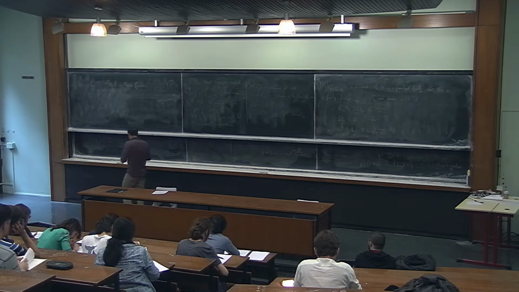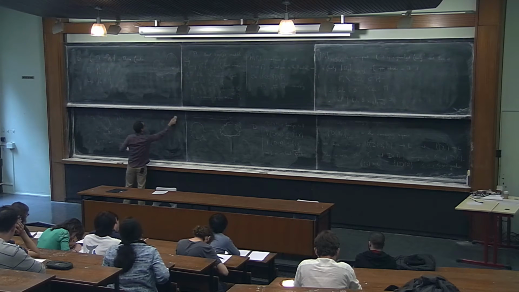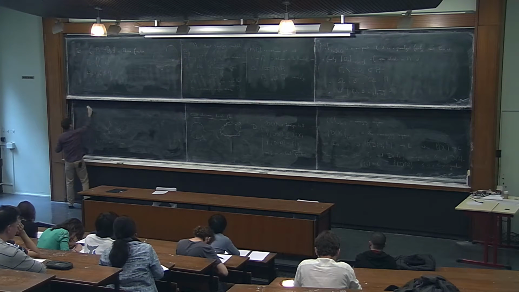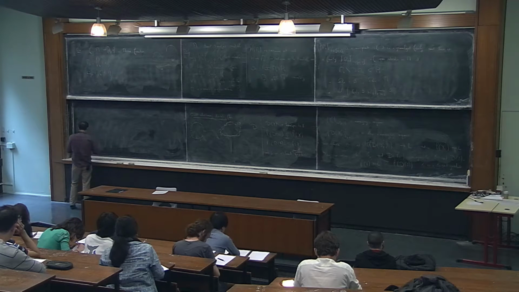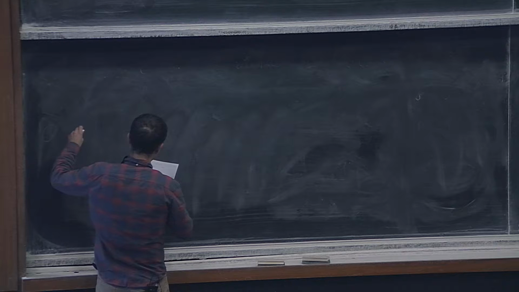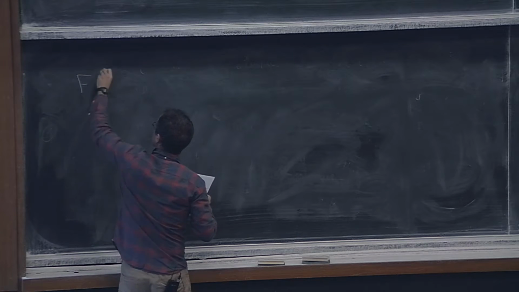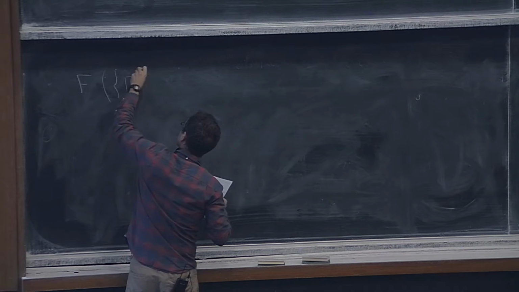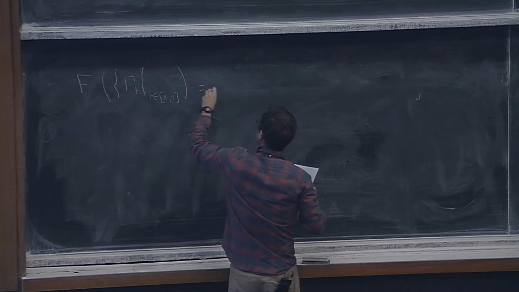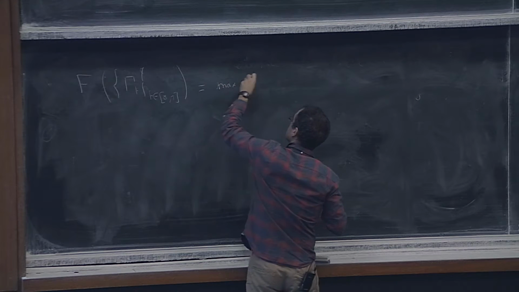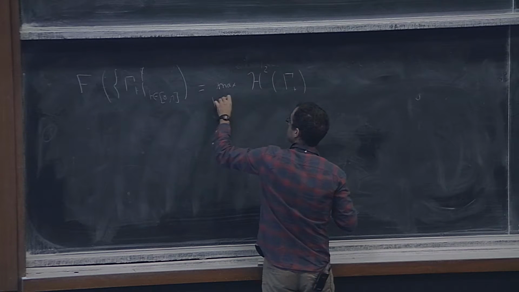And now the thing is that you apply the idea of the Morse theory. So first, the first proposition is just, you define f of this sweep out, for t between 0 and 1, to be the max of the Hausdorff measure of gamma sub t for t between 0 and 1.